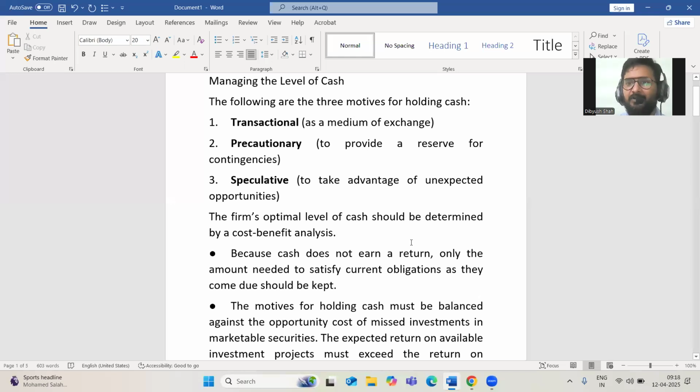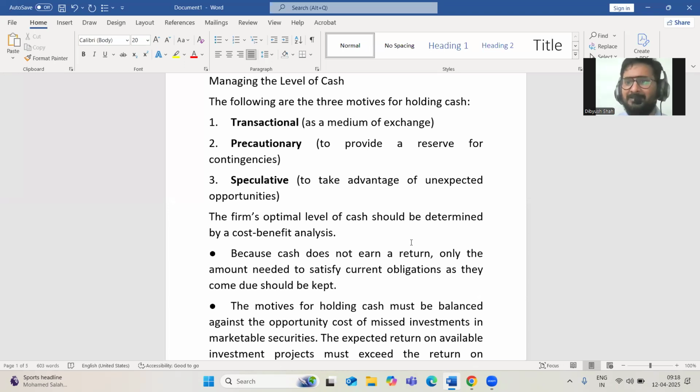See, first of all, working capital management, when we talk about it, is not just managing one asset or one liability. It includes managing the entire components of working capital. What is working capital? Current assets minus current liabilities. So we have to manage each one of them.